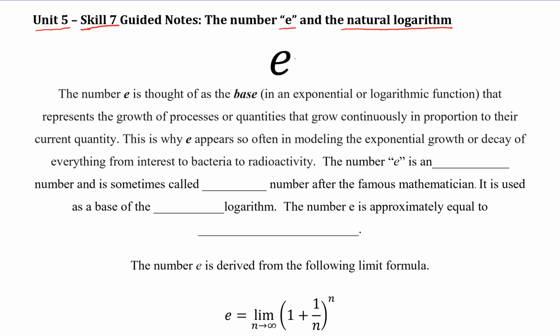The number e is thought of as the base in an exponential or logarithmic function that represents the growth of a process or a quantity that grows continuously in proportion to its current quantity.